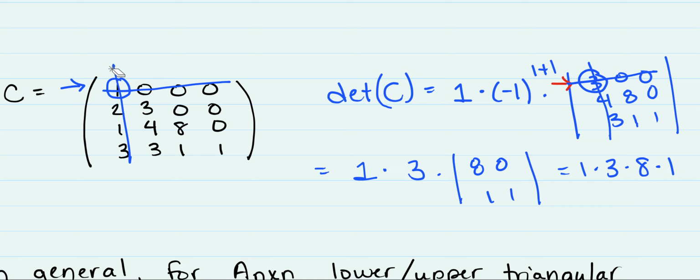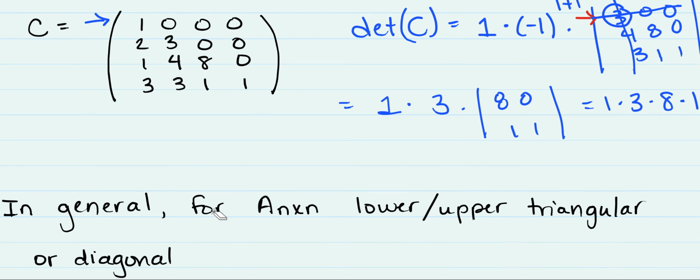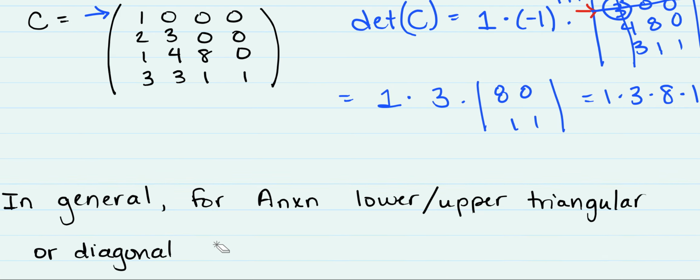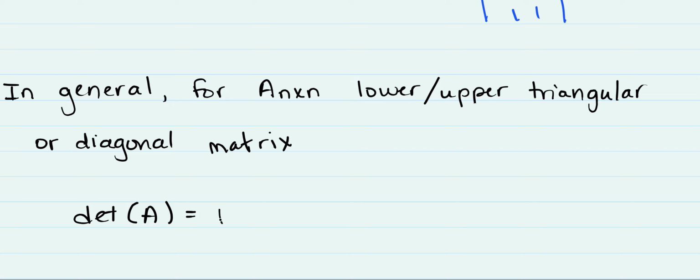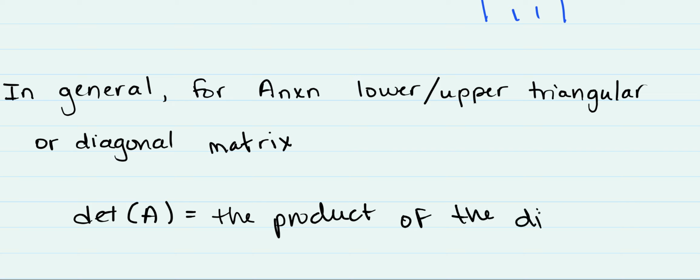So the thing is, if you have a lower triangular matrix, the determinant of it is just the product of the diagonal entries. And this is true for a lower and upper triangular matrix or a diagonal matrix. So the determinant of A is the product of the diagonal entries.